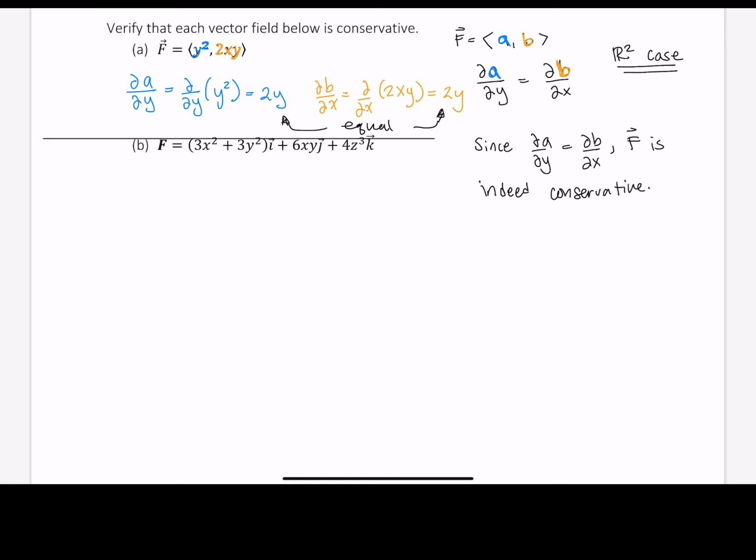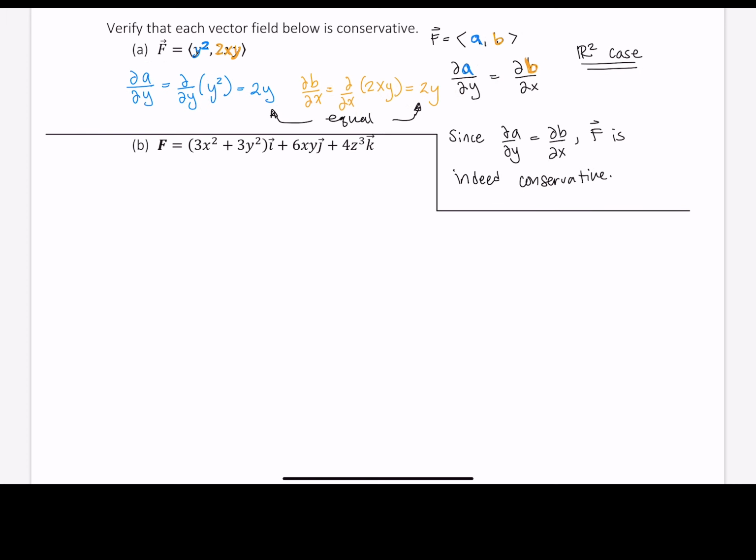All right, now let's look at b. And pardon me, I'm going to definitely make some space. There we are. So now in the 3-dimensional case, which we have in part b, we just need to evaluate a little bit more on partial derivatives.